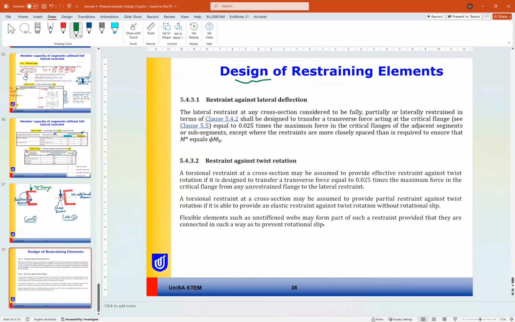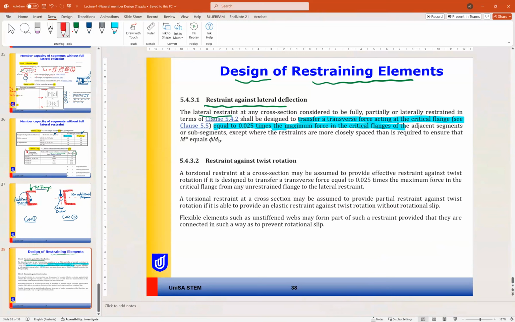This is if we are designing the restraint elements. So for the restraint elements, the standard gives us a condition of how much of the loads we need to consider for these elements. The lateral restraint element shall be designed to transfer a transverse force acting on the critical flange equal to 0.025 times the maximum force in the critical flange of the adjacent segments.